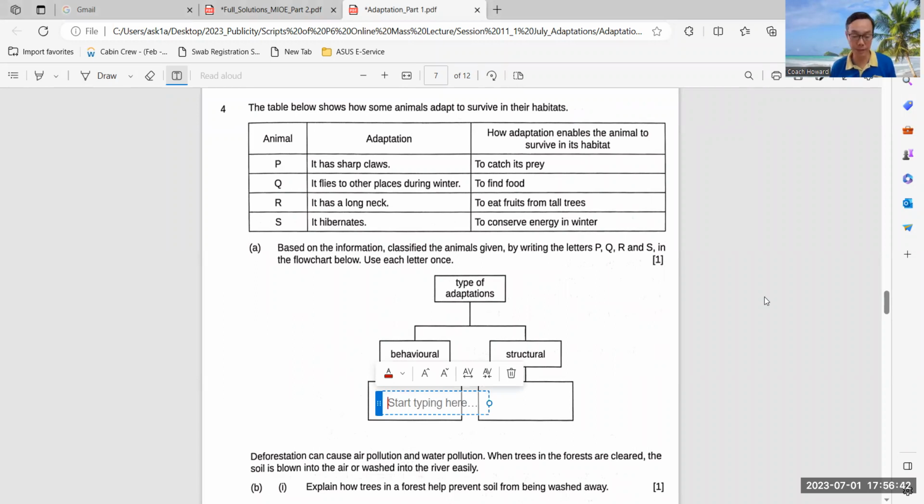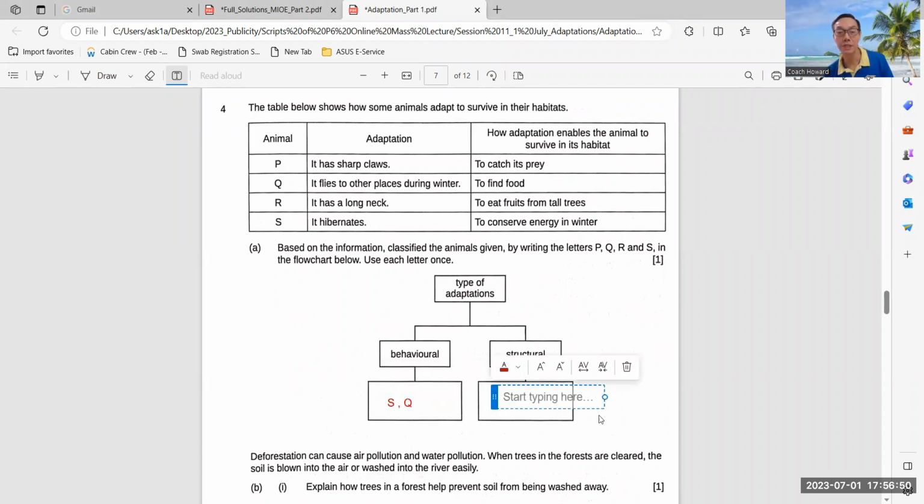So behavior is hibernate, and flies to other places, so we're SQ, Singapore Airlines. Structural, P and R. Okay, two color codes. SQ, Singapore Airlines. PR, permanent resident.